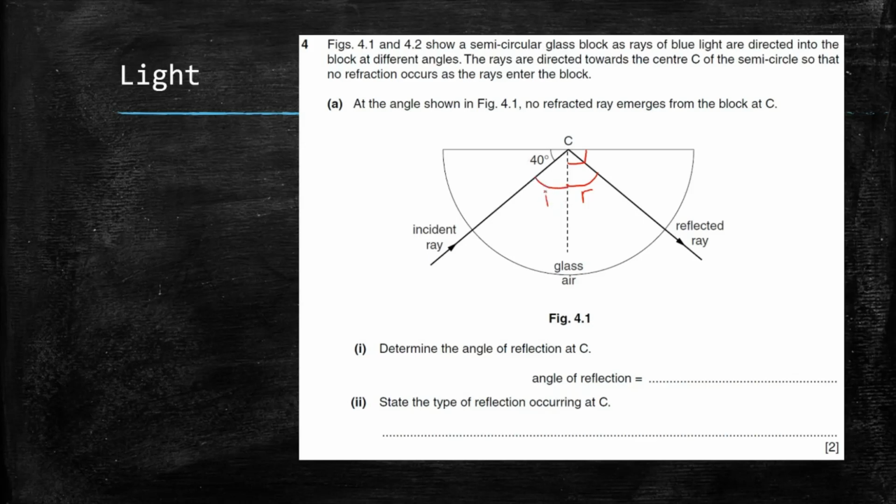This is the angle of incidence, formed by the incident ray and the normal. Remember, this is a 90 degrees angle.